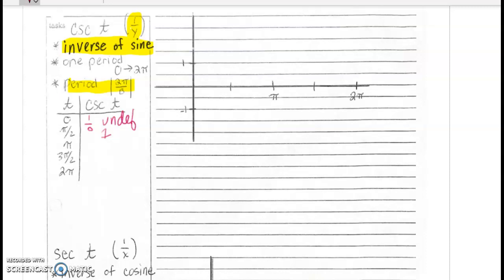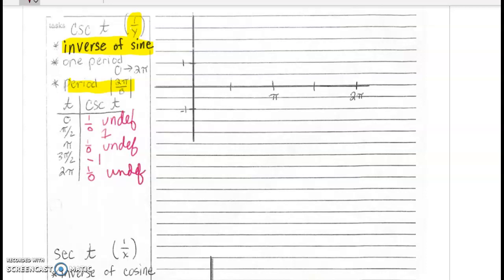At pi, my y value is 0, so I would be back to 1 over 0 and undefined. At 3 pi over 2, 1 over y, so 1 over negative 1, 1 divided by negative 1, negative 1. And back to 2 pi, I would have 1 over 0, so undefined again. So lots of asymptotes in this guy.